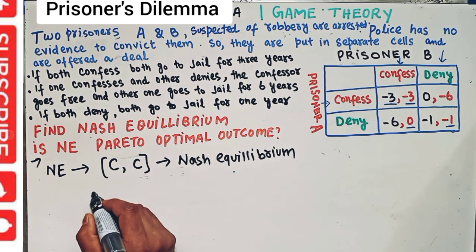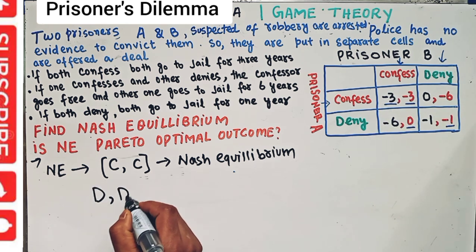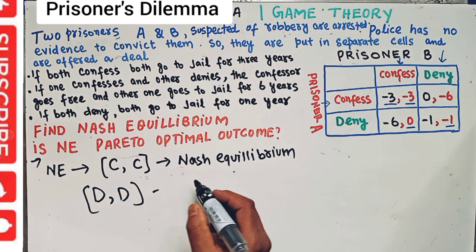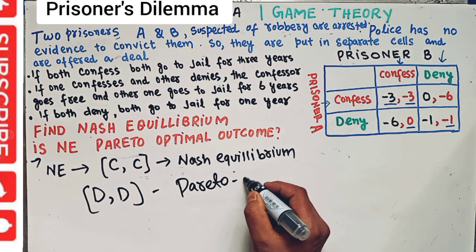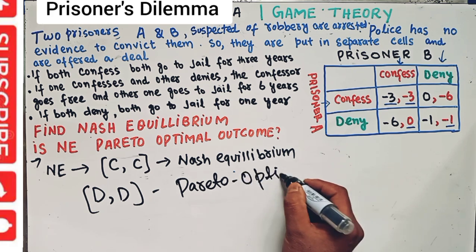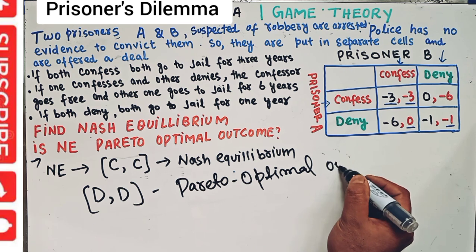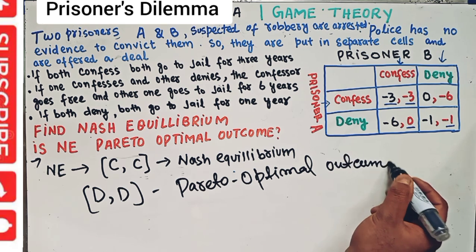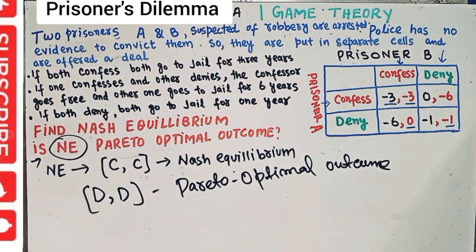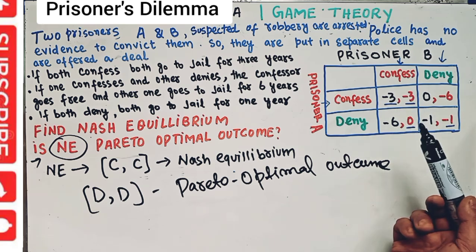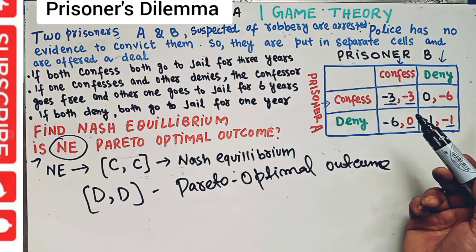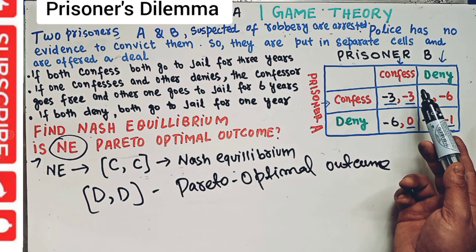So here we can say deny is the Pareto optimal outcome. We can say here that Nash equilibrium is not always Pareto optimal. In this case, Nash equilibrium is when both the persons confess and each gets a sentence of 3 years in jail.